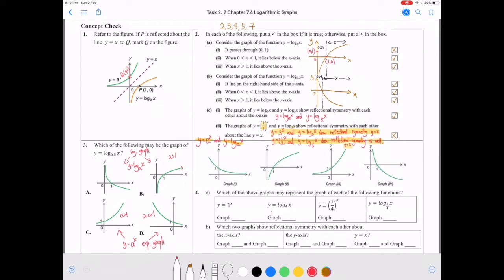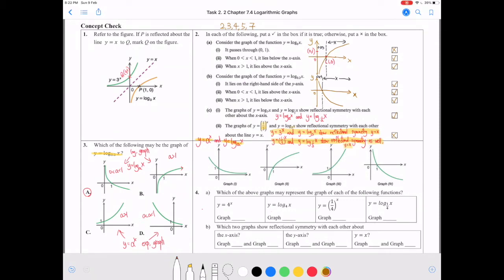And option A will be the case when a is in between 0 and 1. Let's go back to the question. Y equals log base 0.5 of x. The base is 0.5. It is in between 0 and 1, and it is a log function. So we should choose option A.